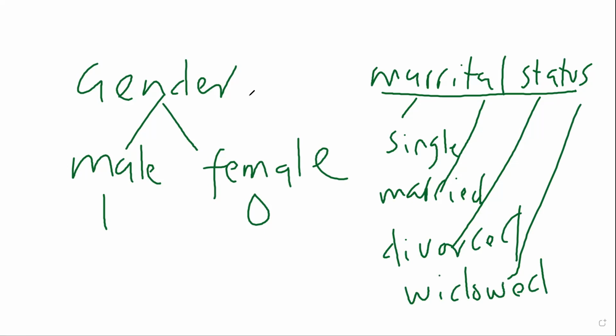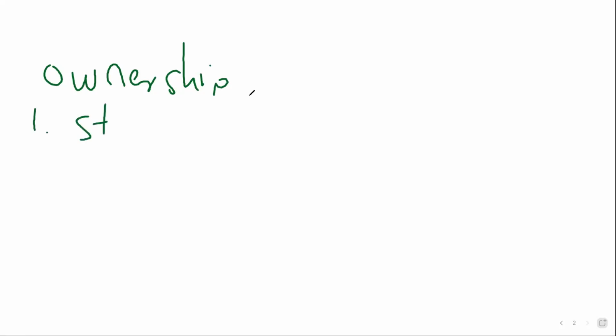Now let's take another example in the banking industry. You can have ownership in the banking industry. Ownership will become the dummy variable. And under ownership, you have some levels. The first level is state banks, and we can code them.